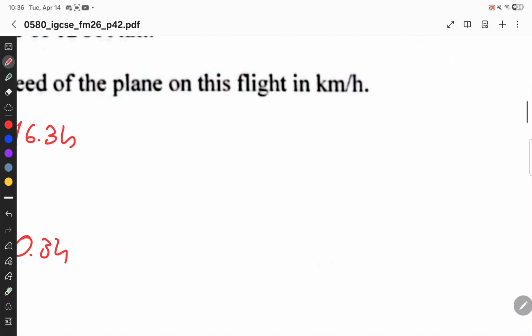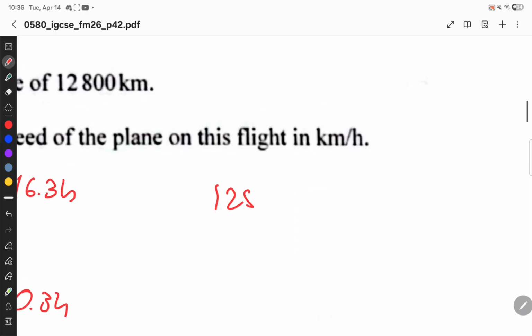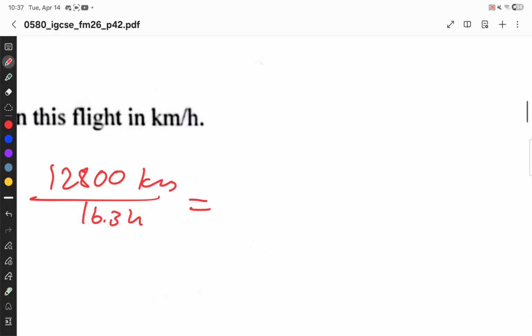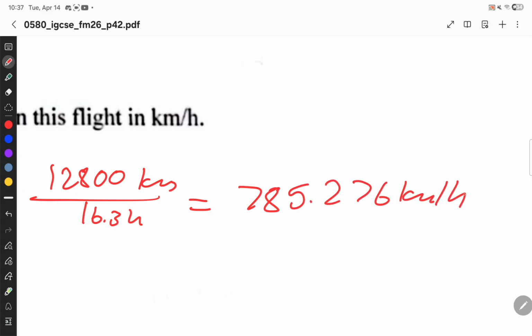So we do 12,800 kilometers over 16.3 hours, which is 12800 divided by 16.3. We get the answer 785.276 kilometers an hour.